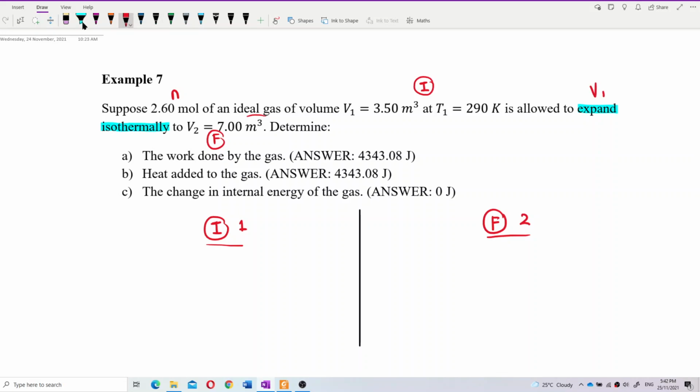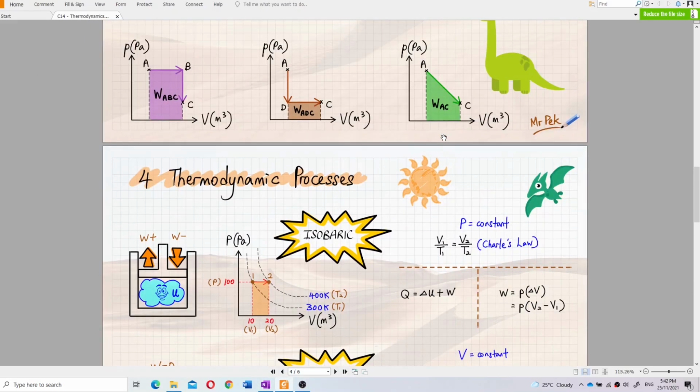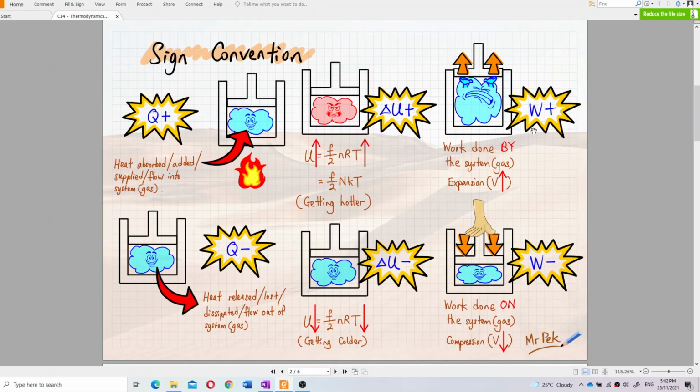expand means volume increase. From here we also know that volume increase is always work done positive. Do you know that? Volume expansion is always work done positive. That's why it says work done by the gas. The gas does work by pushing the piston up.